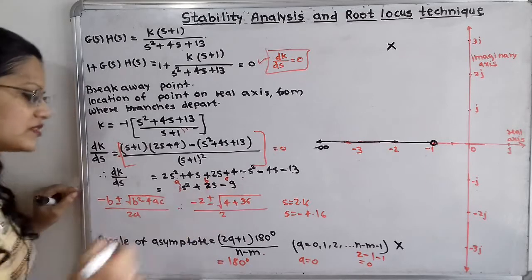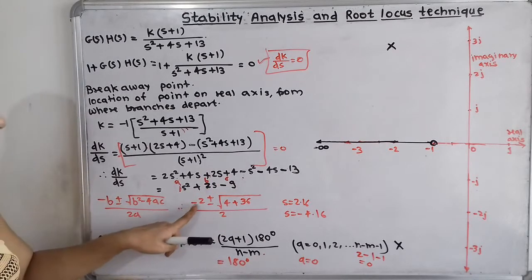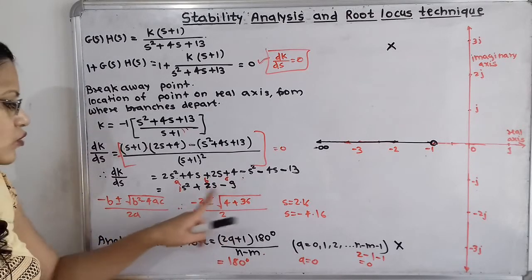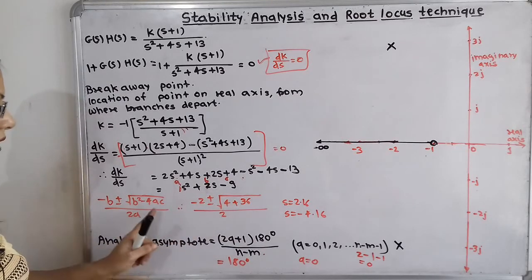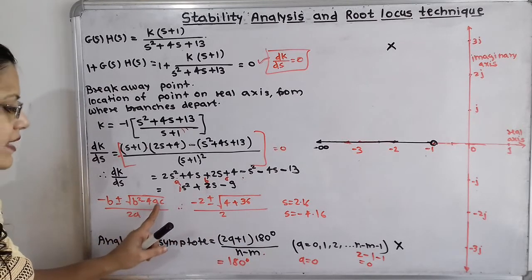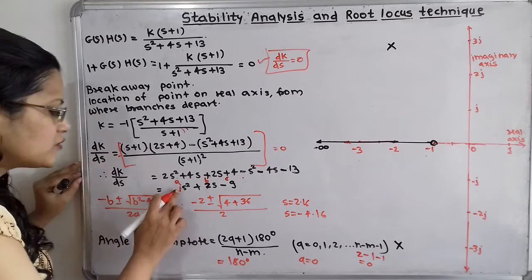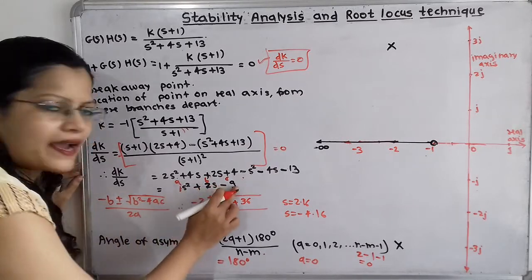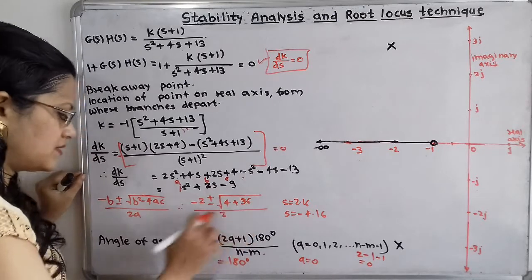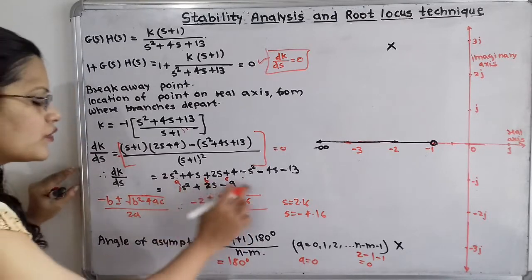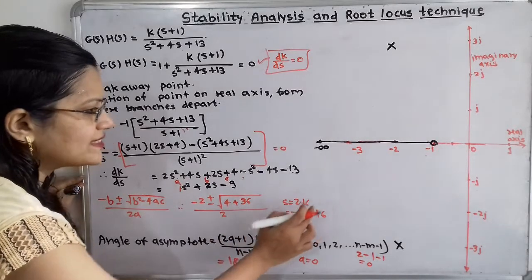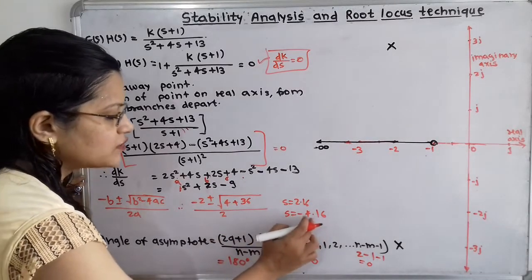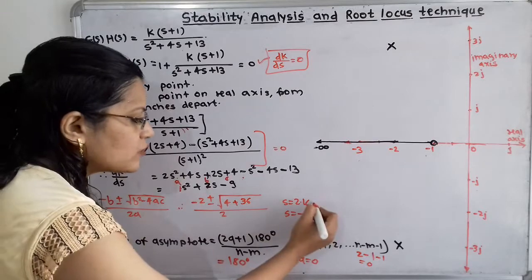We have to consider the sign also. So minus 2 plus minus square root of b square, that is 4, minus 4ac, so minus 4 multiplied by 1 multiplied by minus 9, that is plus 36, divided by 2. When we solve this, we get the answer s is equal to 2.16 and s is equal to minus 4.16. So there are two answers.